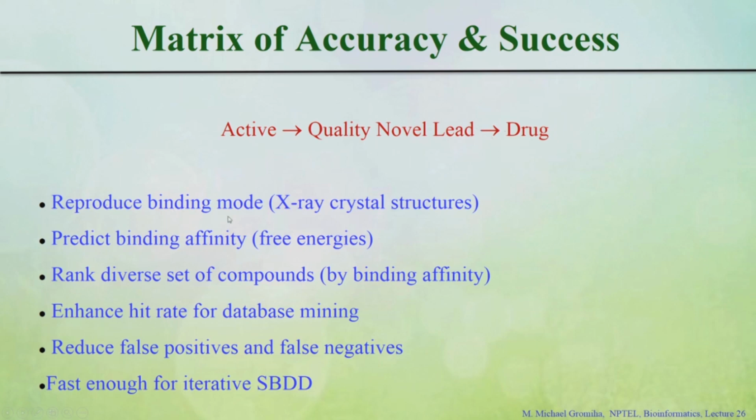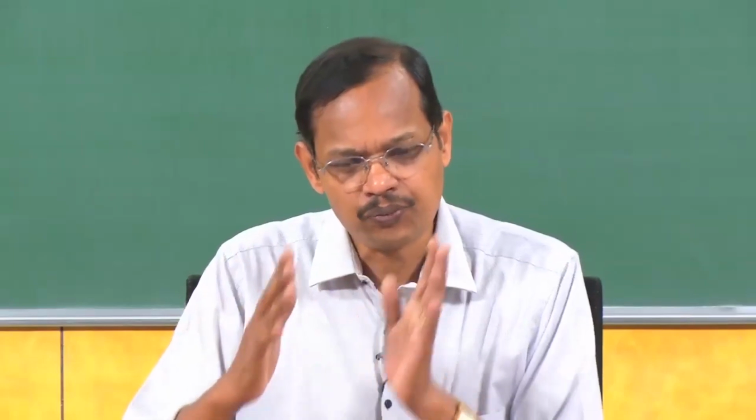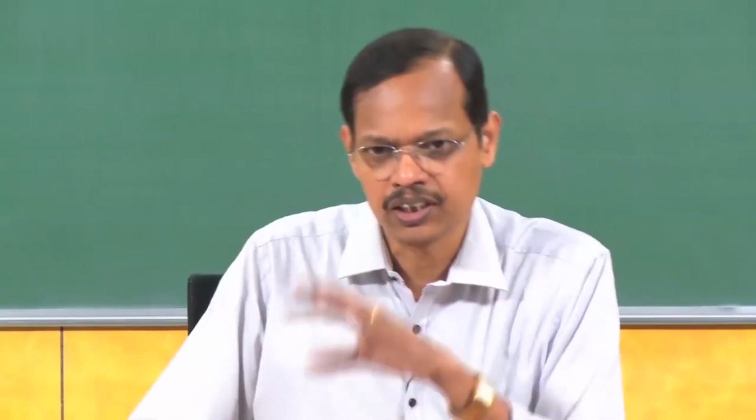So, you have to reproduce the binding mode, predict the binding affinity and rank the diverse compounds. Then we get the hit rate by database mining. Then we have to reduce false positives and false negatives, and it should be fast for structure-based drug design. So, there are various steps you need to do for screening compounds from the pool of compounds to identify a lead-like molecule.